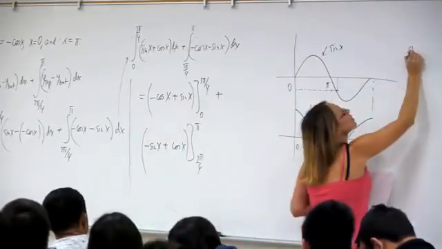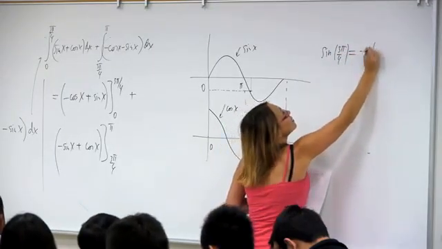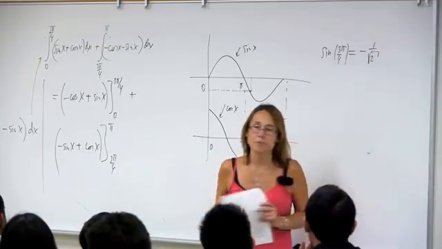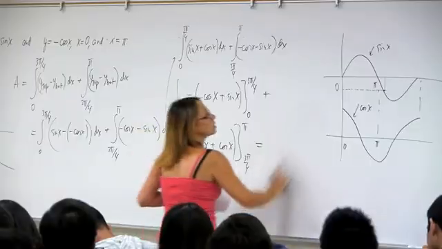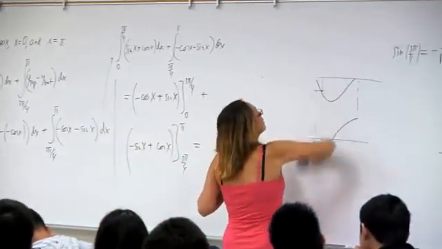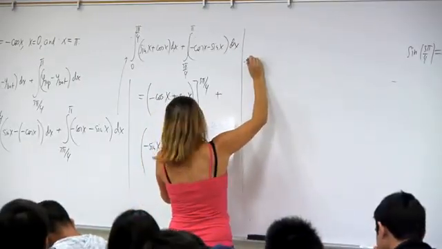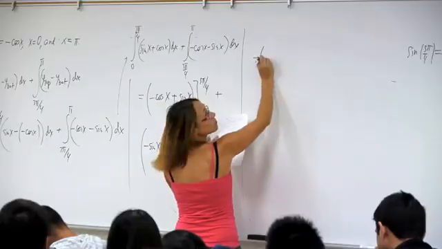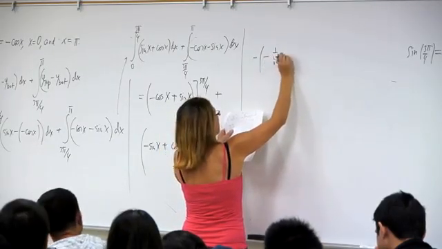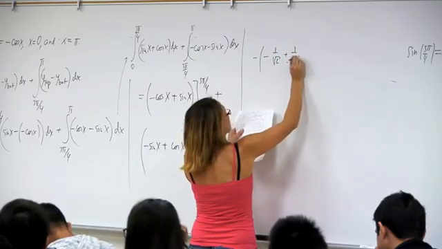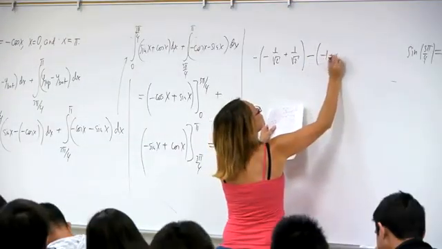Sine of 3 pi over 4 is 1 over square root of 2. Okay, that's a table value. The rest are easy.